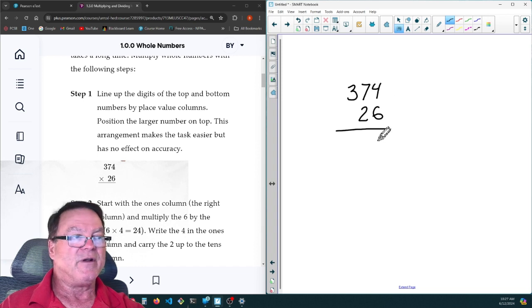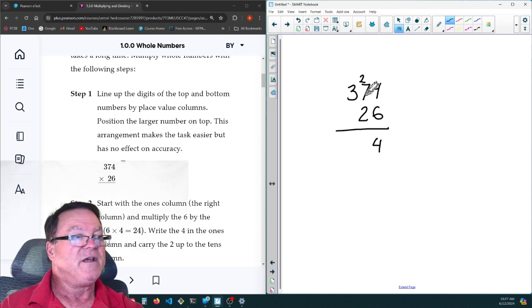And we would write down the ones column in the answer. So 6 times 4 equals 24. I would write down the 4 because that's the ones column. And then I would take the 2 and put it over the tens column above the 7. 6 times 4 is 24. Write the 4 and carry the 2.